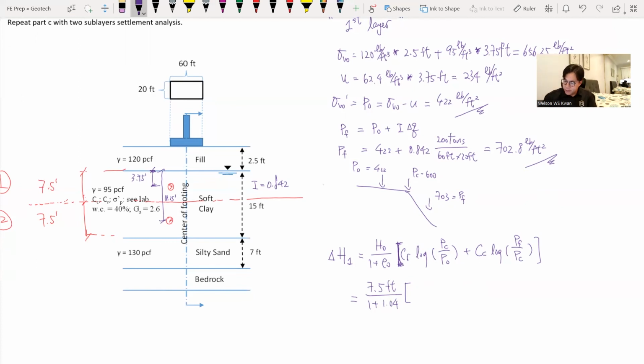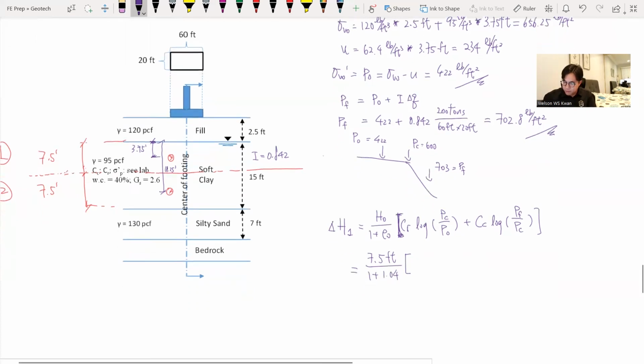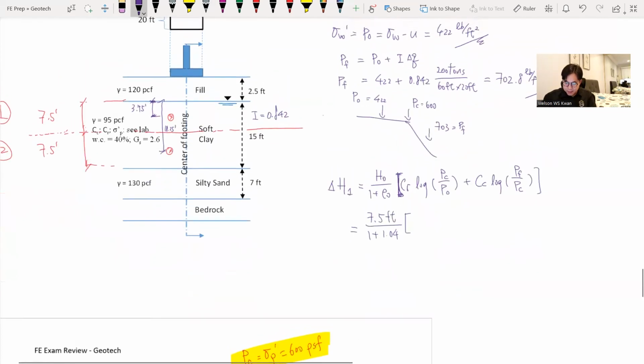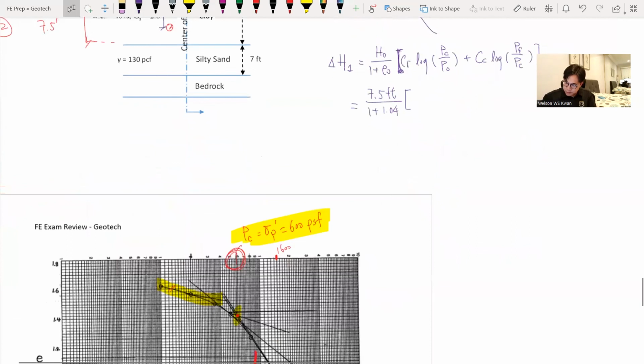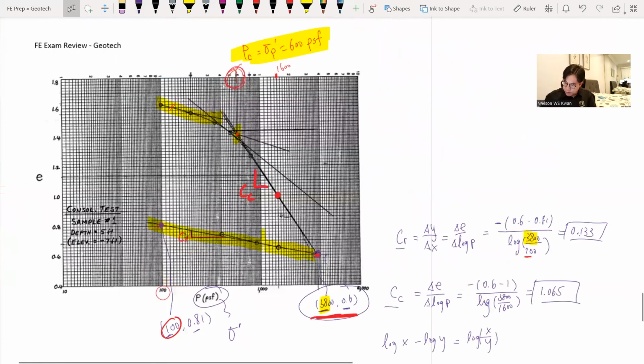Some of the parameters we have already found in part A or part C. C sub R is 0.133.